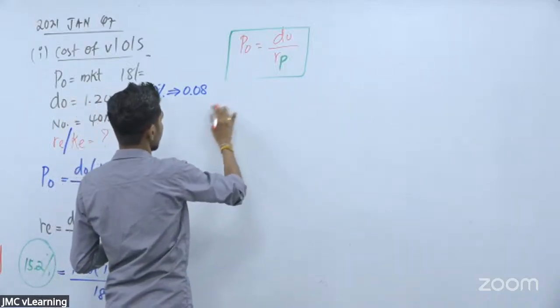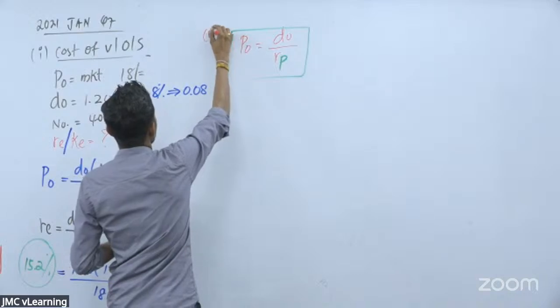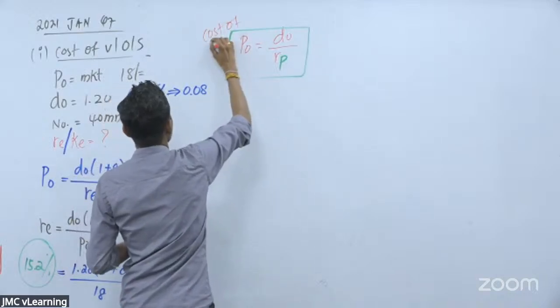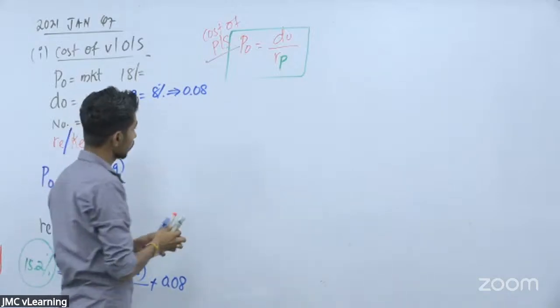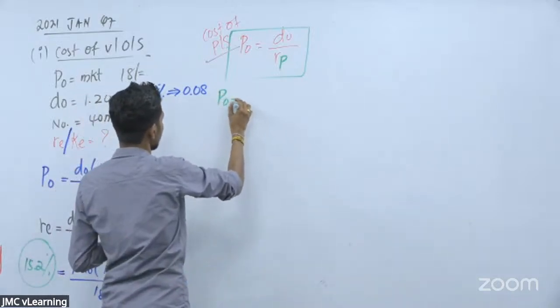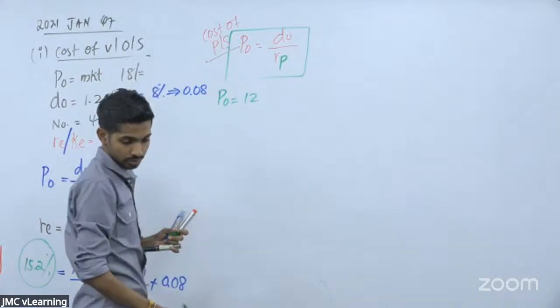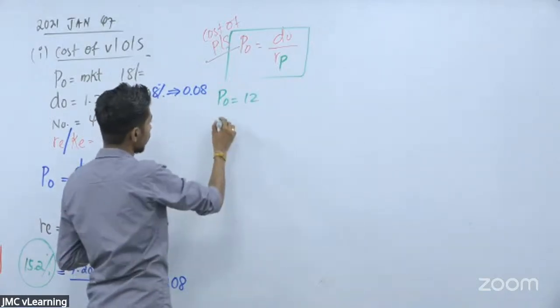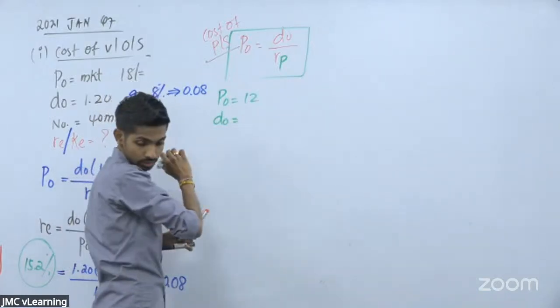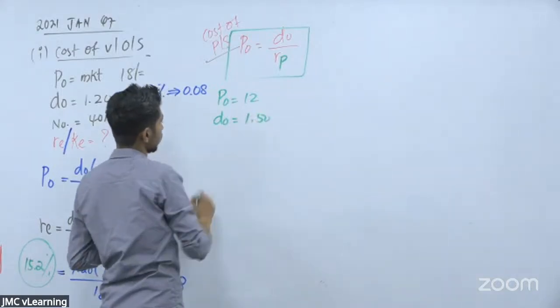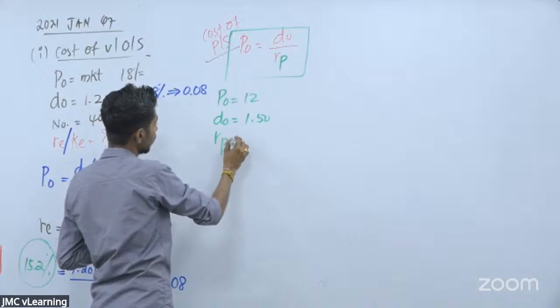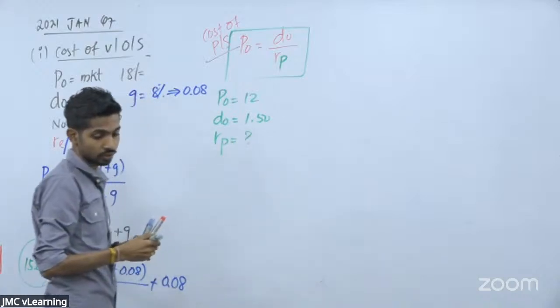Then cost of preference shares. What is the market value? If I am not mistaken, 12 rupees. Dividend is 1 rupee and 50 cents. RP is what we are trying to find out.